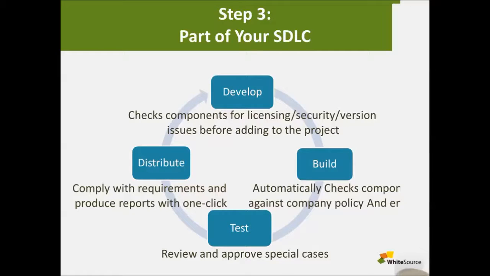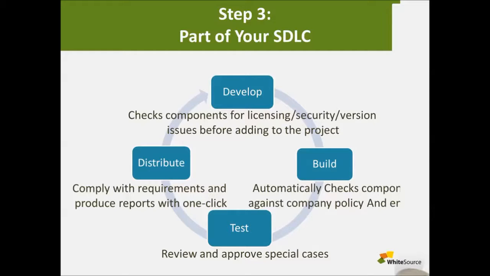As a practice, you should implement open source monitoring tools or attention throughout the software development lifecycle. So in the development stage, you'll need to check open source components for potential issues.